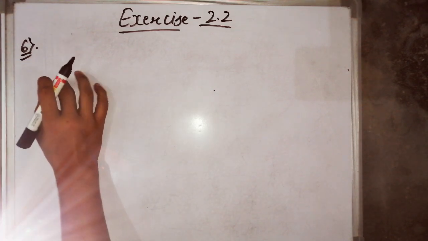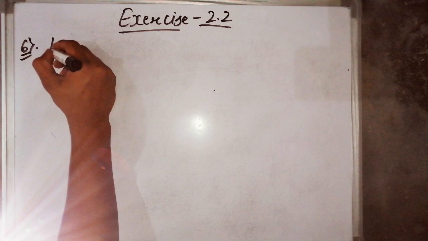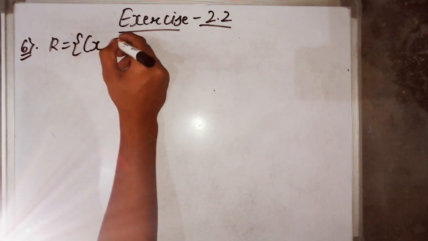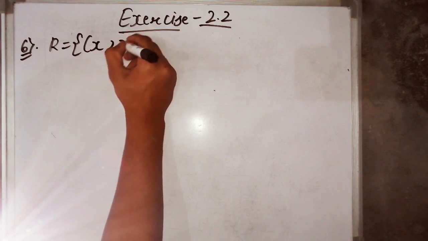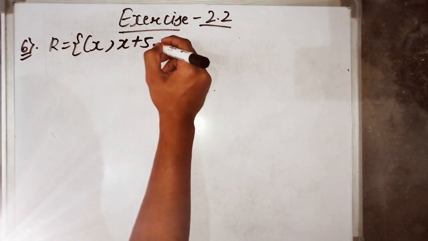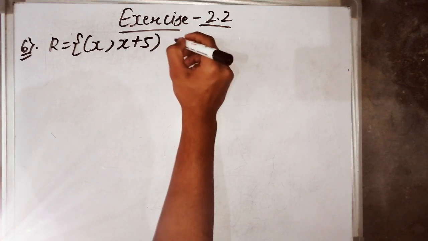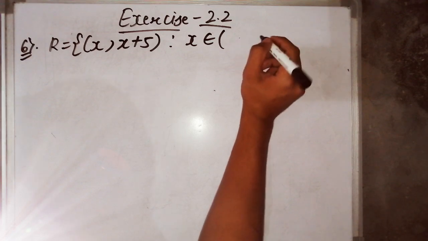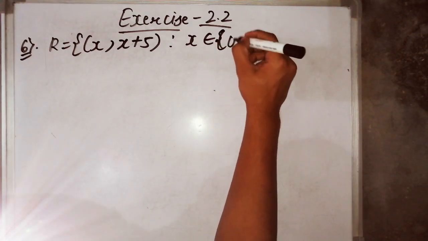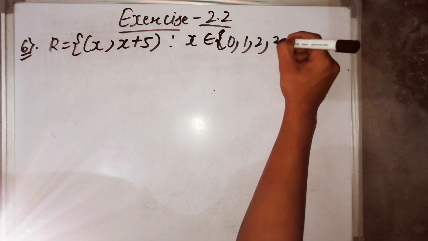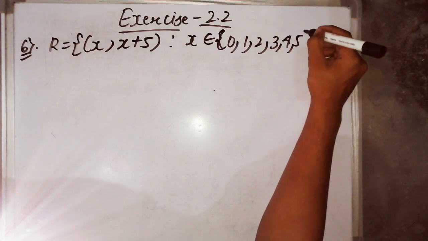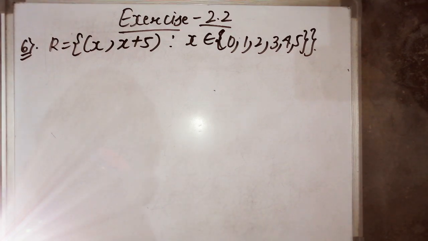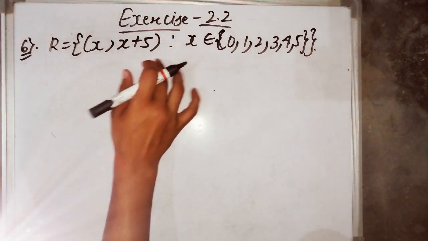We need to find out the domain and range of the relation, which is defined as R equals x plus 5, such that x belongs to 0 1 2 3 4 5. We need to depict a relationship using this x plus 5.